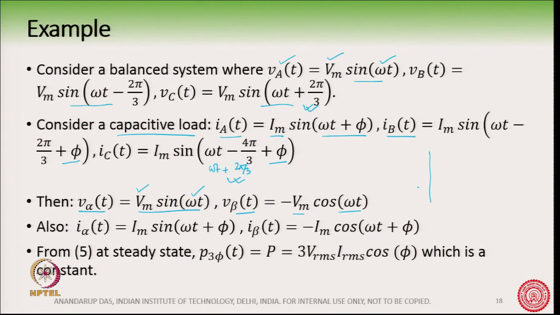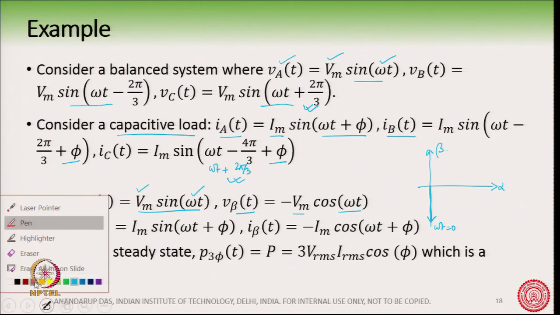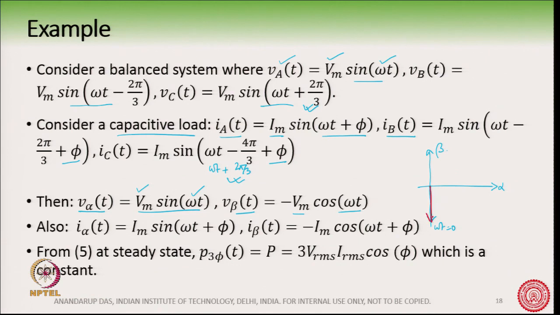Because this is alpha, this is beta, and at omega t equal to 0, the vector is here. So, this equation is telling us that this is the vector Vr at omega t equal to 0.